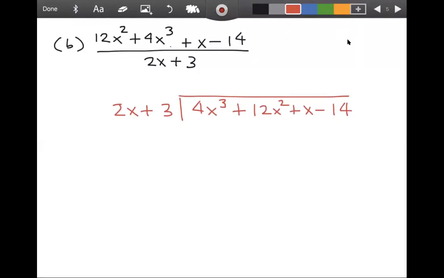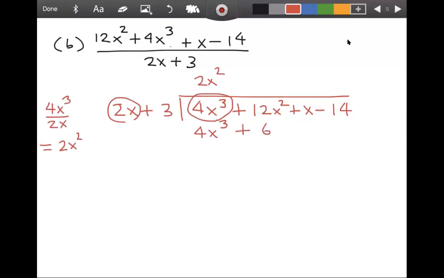All right, so again, the first step is divide. We're dividing 2x into 4x cubed. 4x cubed divided by 2x is 2x squared. So that goes up here. 2x squared times 2x is 4x cubed. 2x squared times 3 is 6x squared.